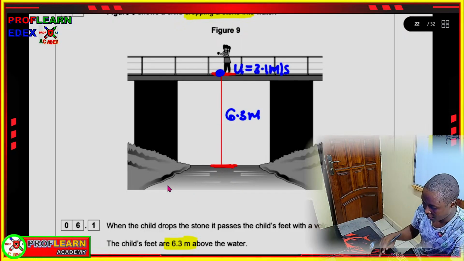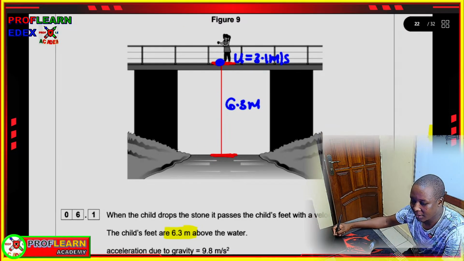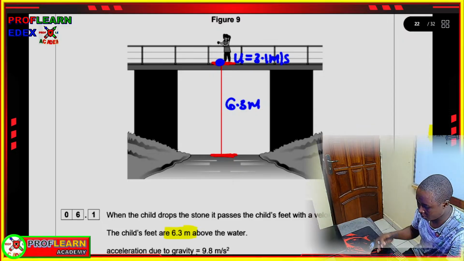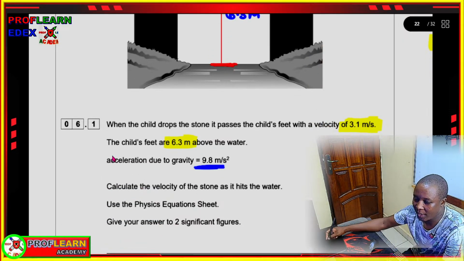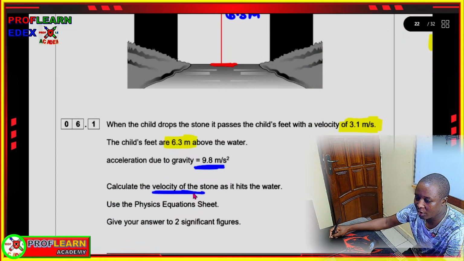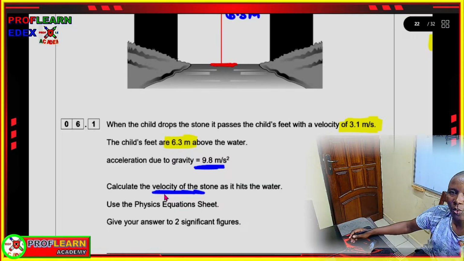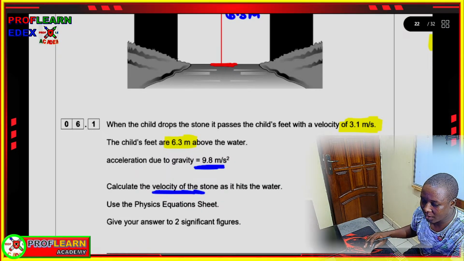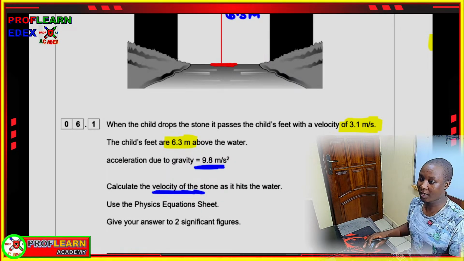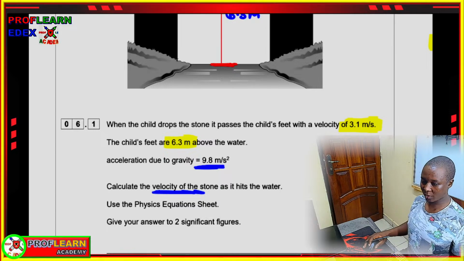We are taking gravity to be this value, and then we are supposed to calculate the velocity with which the stone is going to hit the water. So what are we going to do in this case?